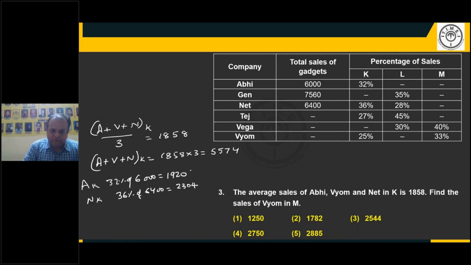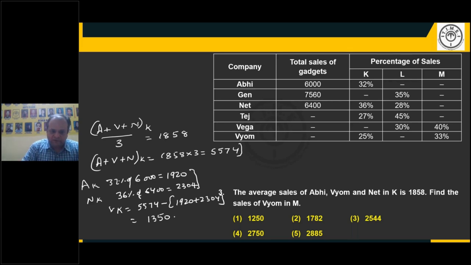Now, to find the sales of Vyom in K, that will be 5574 minus the total of these, that is 1920 plus 2304. And if we solve this, we get 1350. That is the sale of Vyom in K, right? And we have been asked to find the sales of Vyom in M.